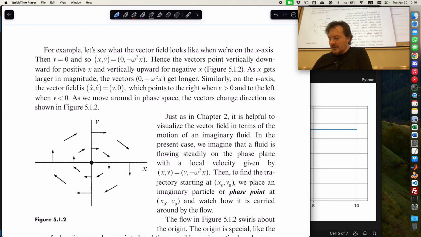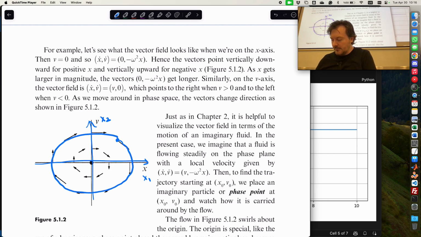Another way of doing it is you can just plot the phase portrait. Here's a phase portrait for the harmonic oscillator. What we are doing is going to this point, where this is x1, this is x2, and we are basically writing down the arrow based on the derivatives. And you can see that it basically draws a circle like this.